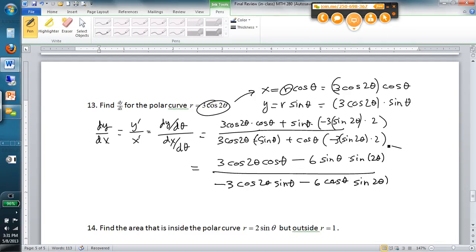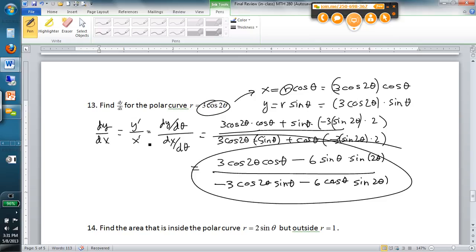Something like that. So yeah, it's a mess for dy/dx. It's not too bad, but it's a long thing. I want to remind you of that. All right, is that okay? Hang with me for one more.